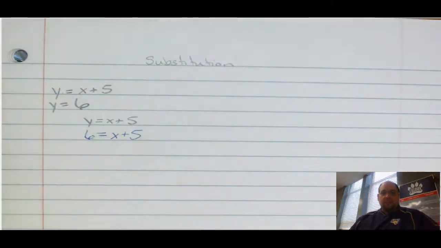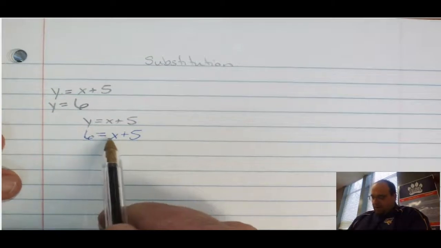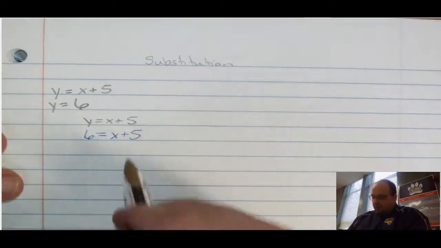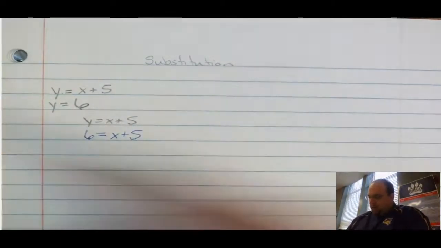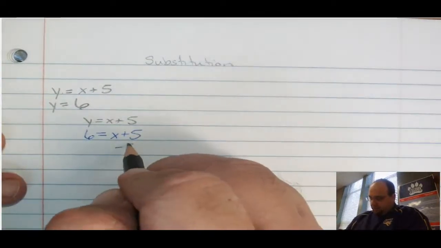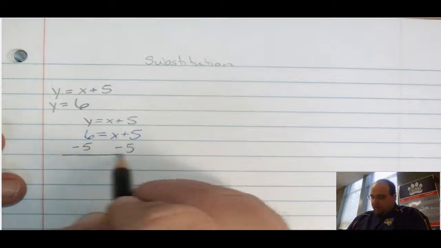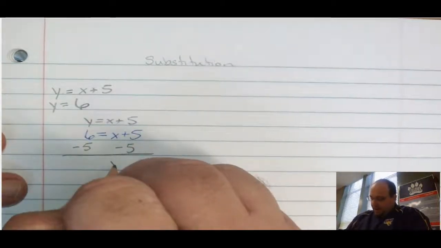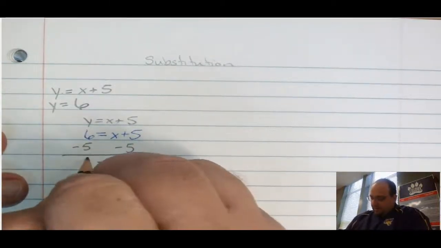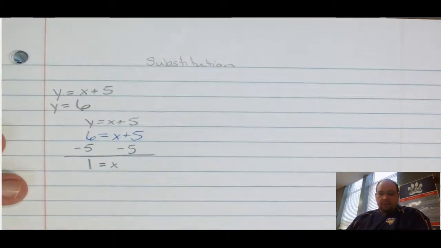As a result, I get an equation. So in this equation, I then just go ahead and solve it. I would then subtract 5, because I'm trying to figure out what x is equal to. I'll subtract 5 from the other side like I do in any equation, and I get x is equal to 1, or 1 is equal to x.